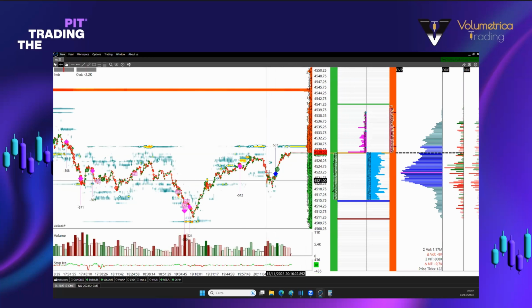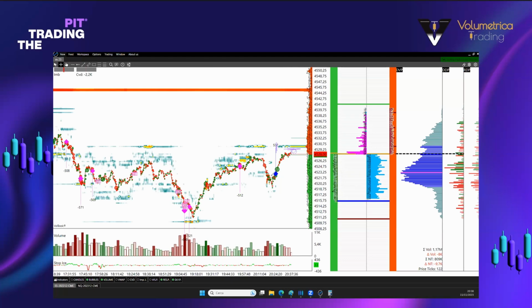So that means that this up move is likely to get at least somewhere here. I say somewhere because sometimes a liquidity pool can just miss by a couple ticks, but those liquidity pools have to be considered as areas, of course.